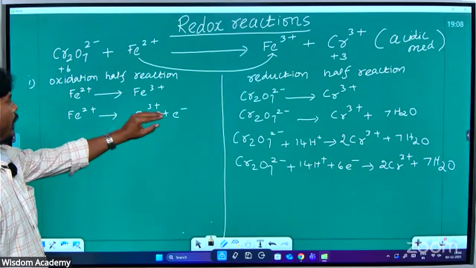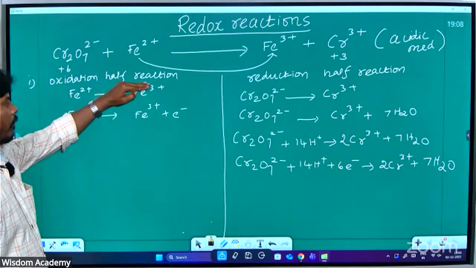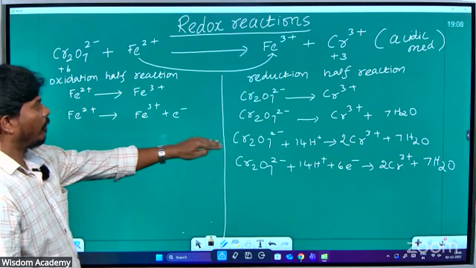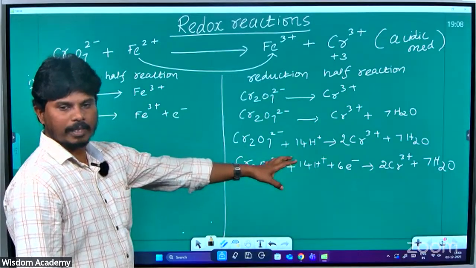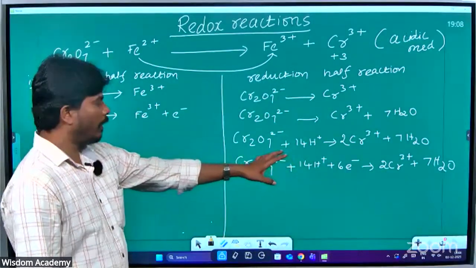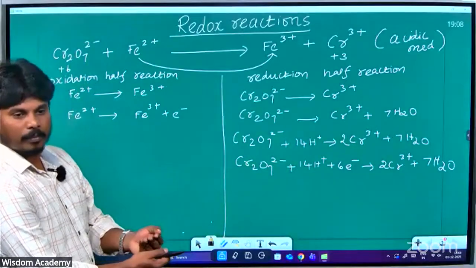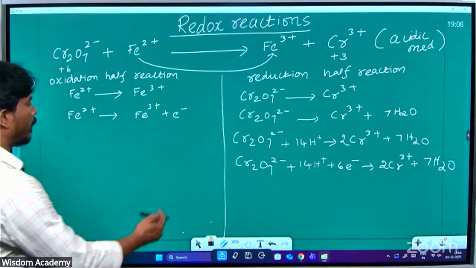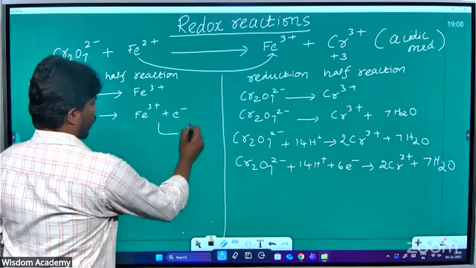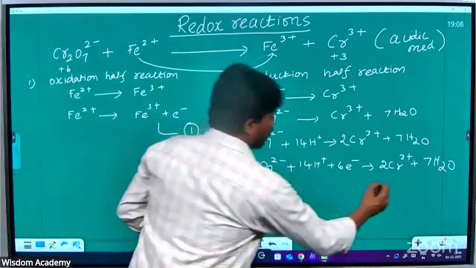Here the number of electrons involved in the oxidation reaction is 1 electron, whereas in reduction 6 electrons are participated, right? So we need to balance the electrons by cross multiplication. This is equation number 1, here 2.